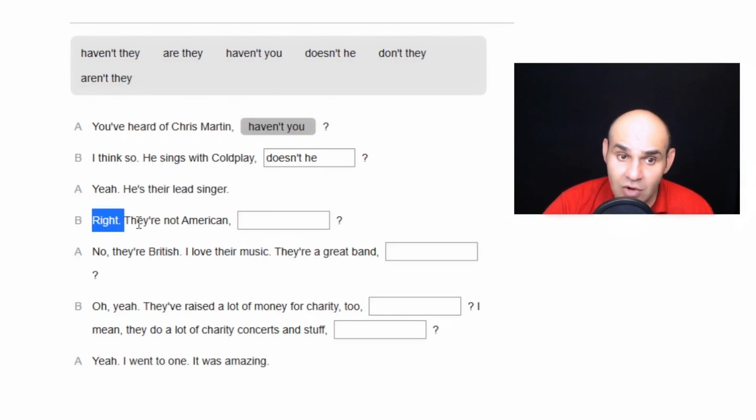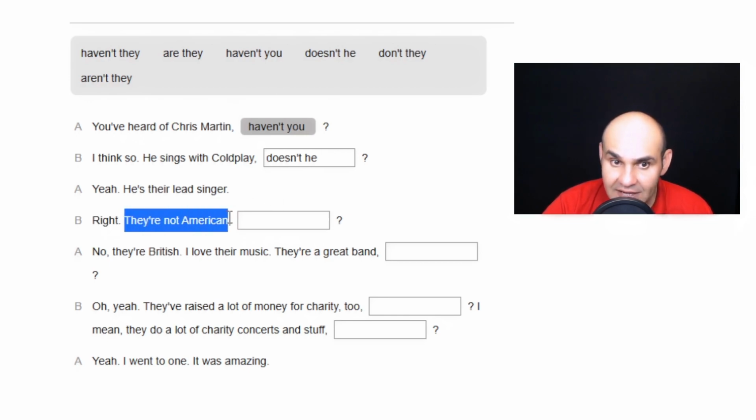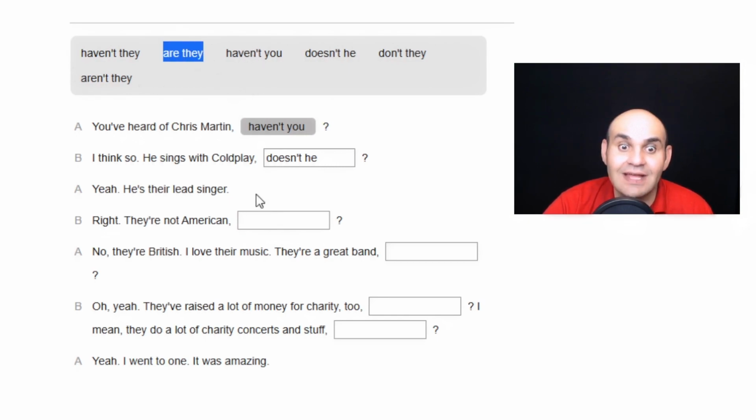Speaker B says, right, they are not American. Affirmative or negative? Negative. So what do we need here? Okay, very good. We need an affirmative tag in the same verb tense. So they are not American, are they? Speaker A says, no, they are British.